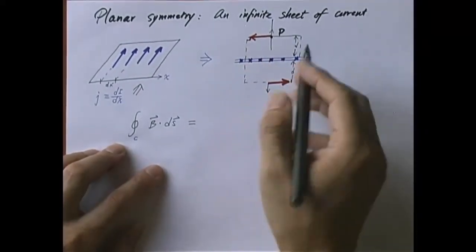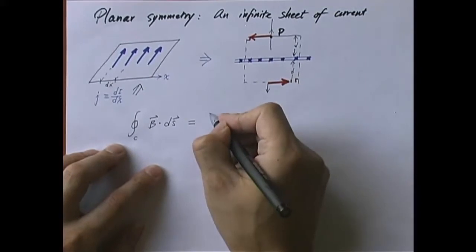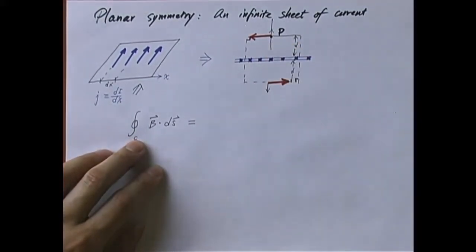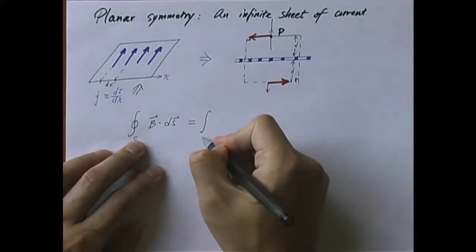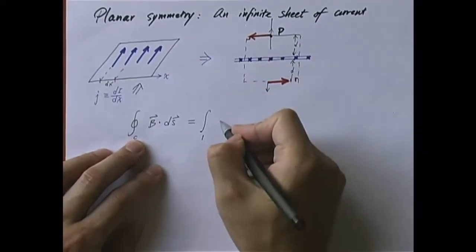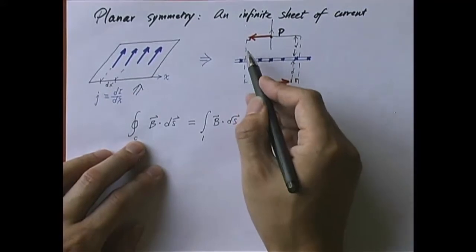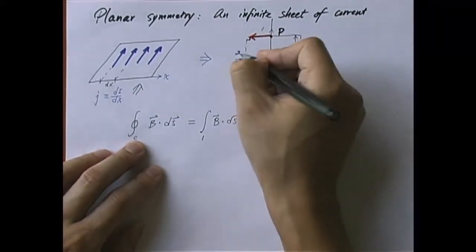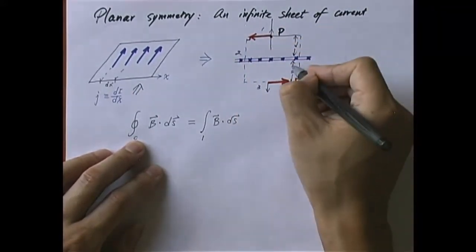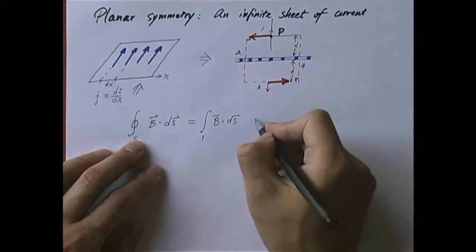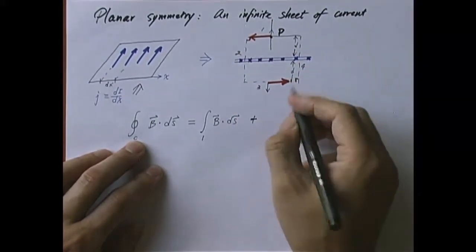Let's look at the top first, segment 1 from here to there. Here is segment 2, so here's 1, 2, 3, and 4. Forget about 2 and 4. They don't contribute to the integral.